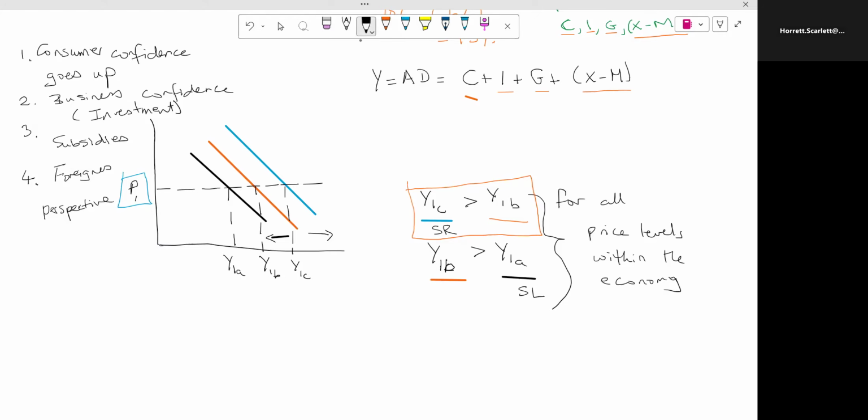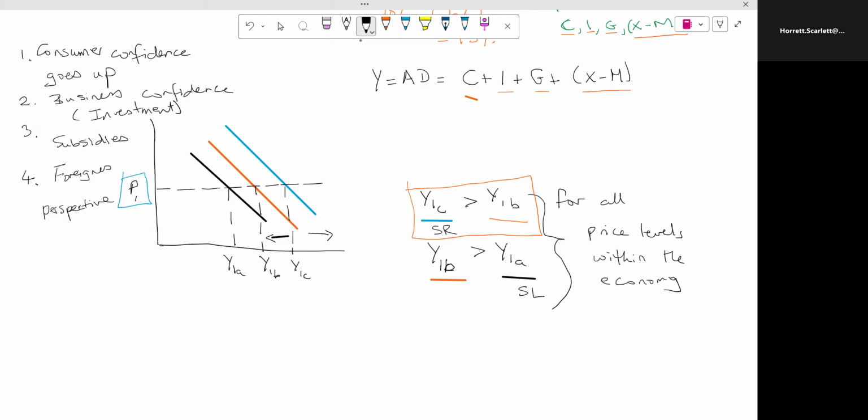Once they come here, then of course they will be purchasing things within our economy. And so once again, we would be stimulating our economy. And so the curve is once again going to shift to the right. So these are some of the reasons wherein which we can see a shift in the aggregate demand curve.